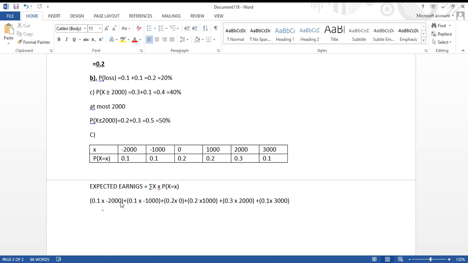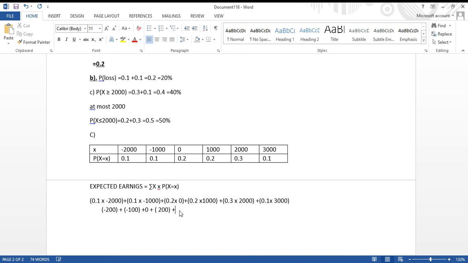Negative 200, plus 0.1 times negative 1000, should be negative 100 if I'm not mistaken, plus 0.2 times 0, you get 0, plus 0.2 times 1000, what do we get? 200.